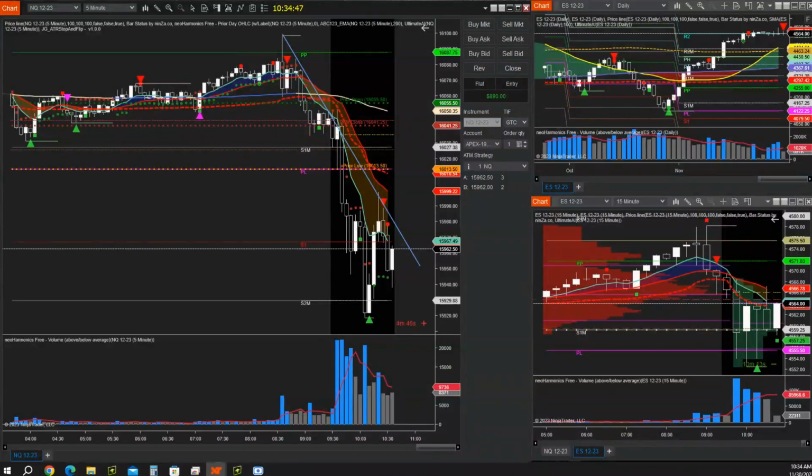When you're trying to figure out what markets to trade, just do what works for you. Some markets move slower. The Nasdaq's probably the fastest market to trade.